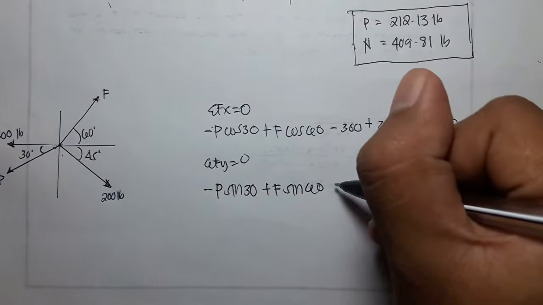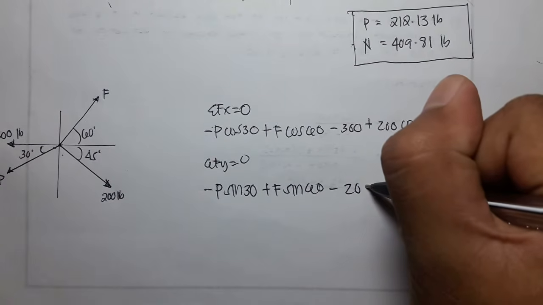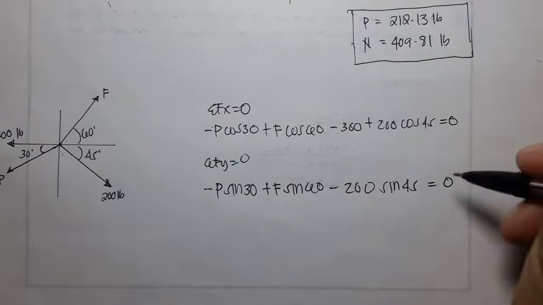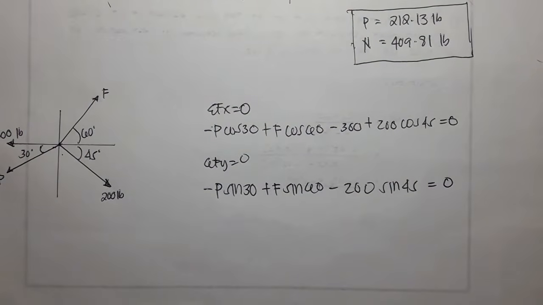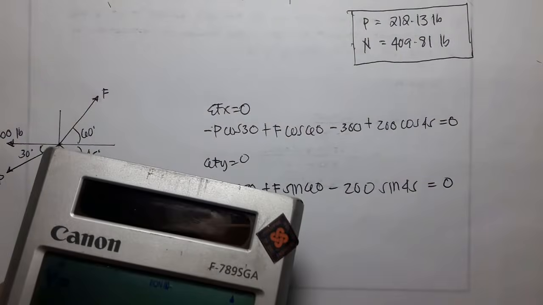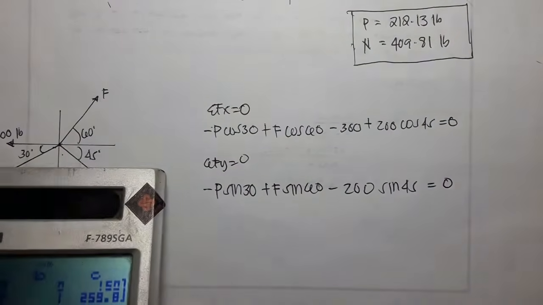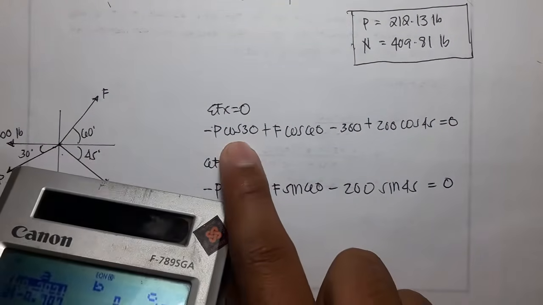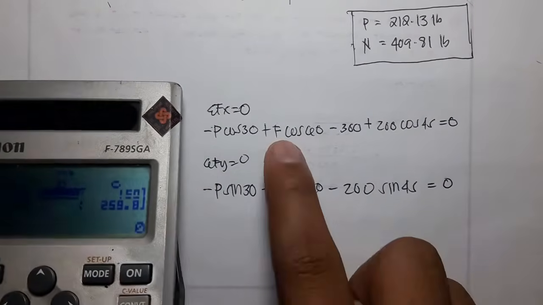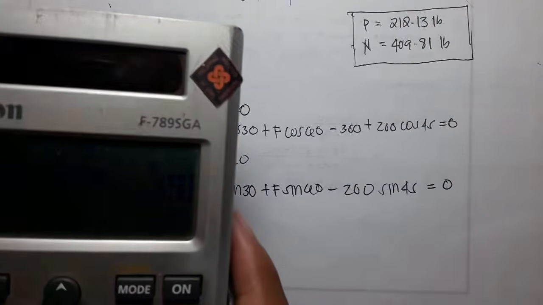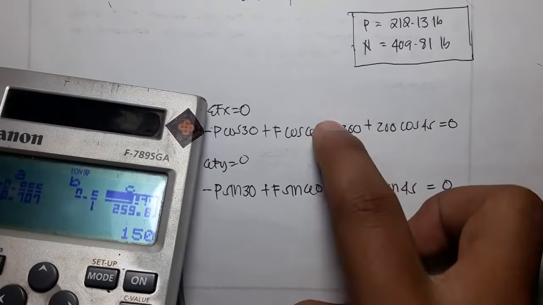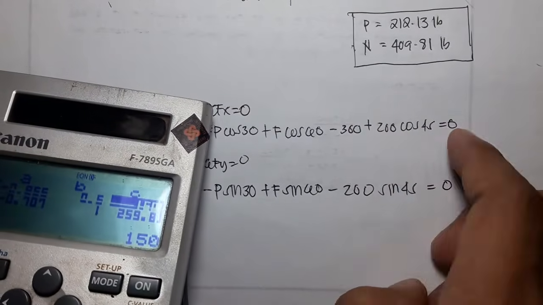So minus 200 sine of 45 equals to 0. So as you can see, this topic here is easy. So negative cosine 30, then positive cosine 60, then transpose these two because these two are constant.